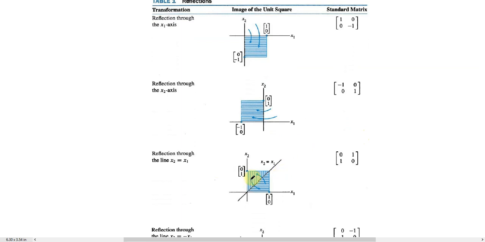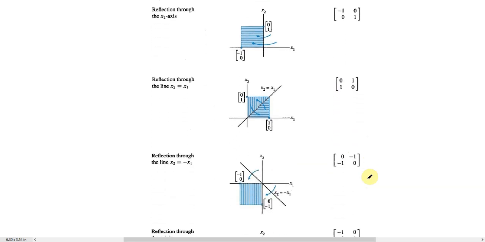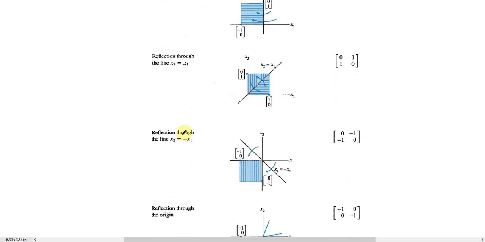If you wanted to reflect over the line y equals x, or x2 equals x1, then you want zeros down the diagonal, 1s off the diagonal. That's going to accomplish that. A reflection through the line y equals minus x, or x2 equals minus x1, is accomplished with 0, 0 down the diagonal, minus 1s off the diagonal.